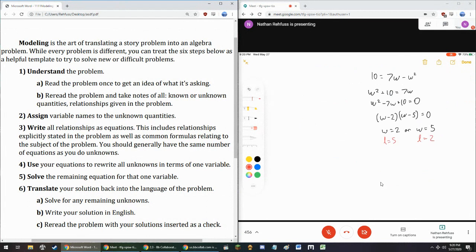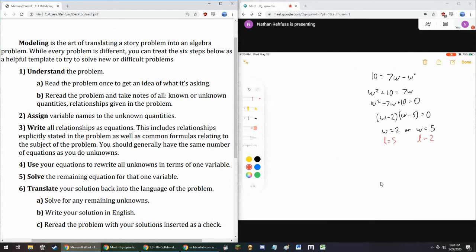The rectangle can be 2 wide and 5 long, or it can be 5 wide and 2 long, but those are really just the same rectangle turned on its side. So it's the same rectangle. I can say something like the sides of the rectangle are 2 units and 5 units.